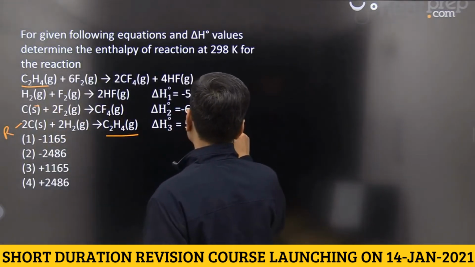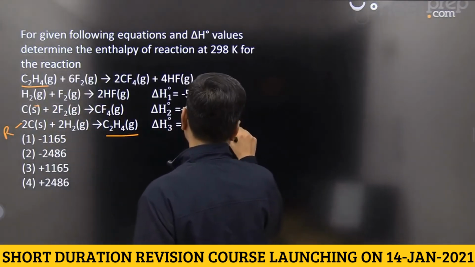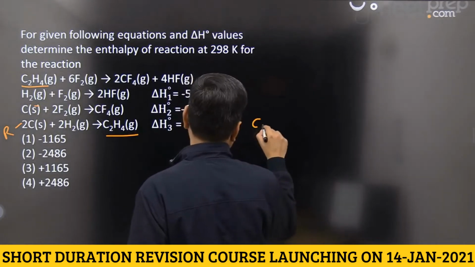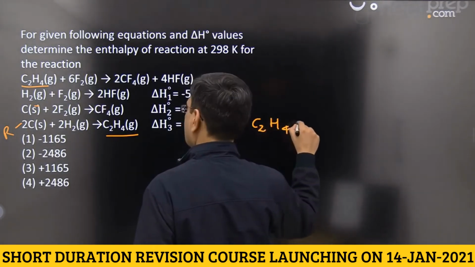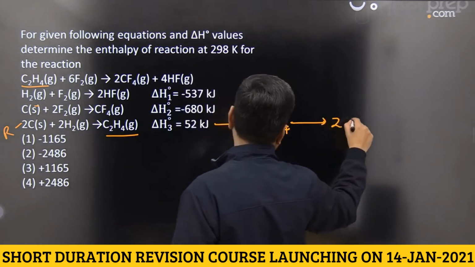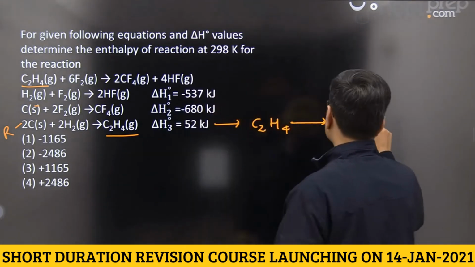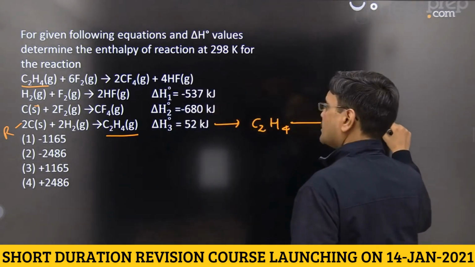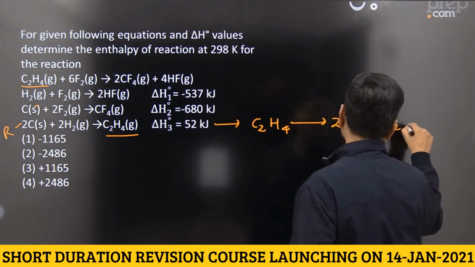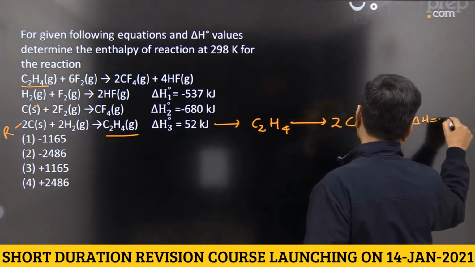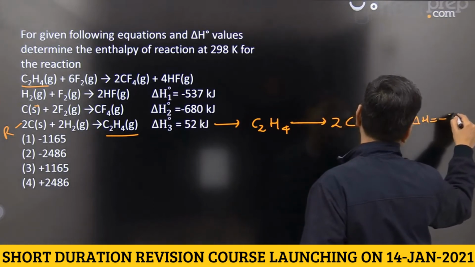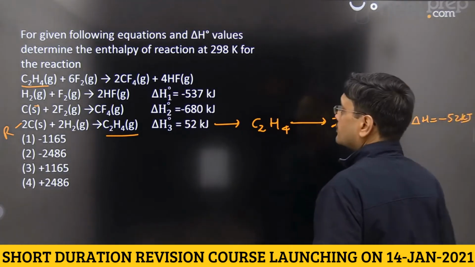So it can be written as C2H4. Otherwise there is no need to write it, but for understanding we write down this equation, and delta H is equal to minus 52 kilojoule, right?